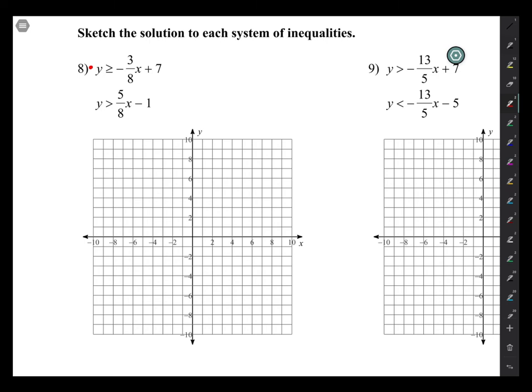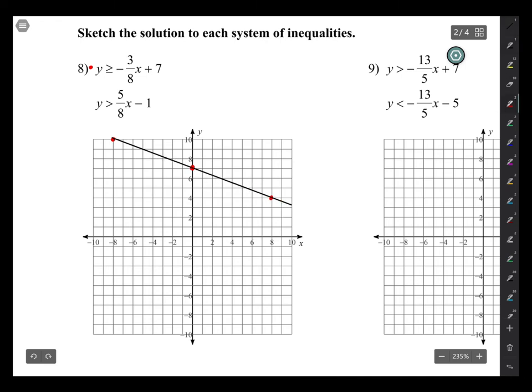So y-intercept at 7, slope of negative 3/8, 1, 2, 3, 1, 2, 3, 4, 5, 6, 7, 8. And a solid line because it's equal to.